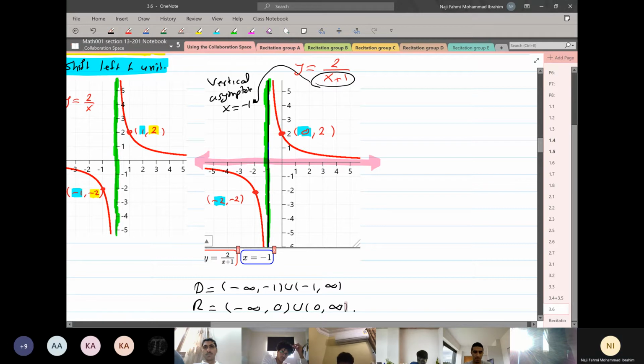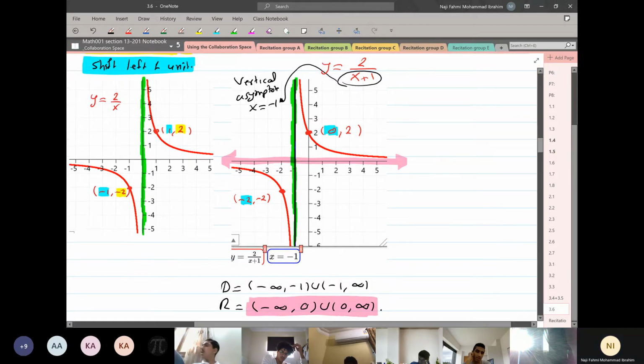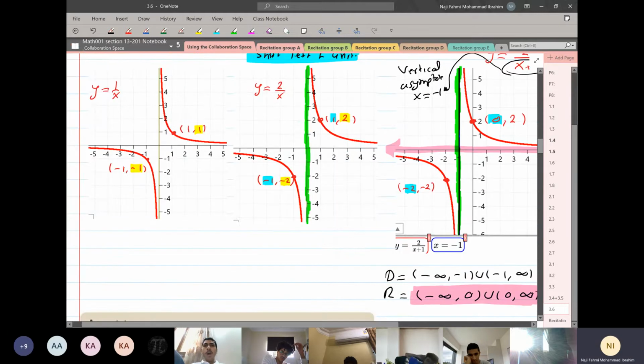So can I say my range is all real numbers except the value of the horizontal asymptote? So we say the range is affected by the horizontal asymptote and the domain is affected by the vertical asymptote. Any questions?